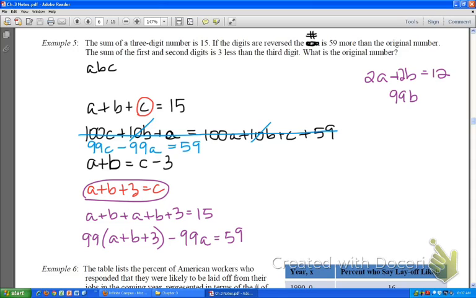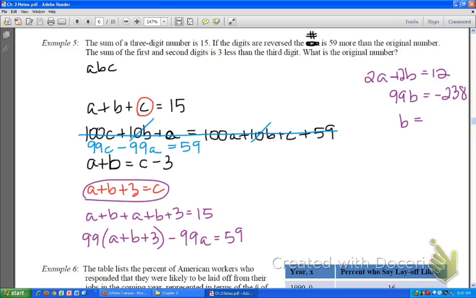What's 3 times 99? 297. Okay, what's 59 minus 297? Negative? Yep. So what are we saying that B equals?